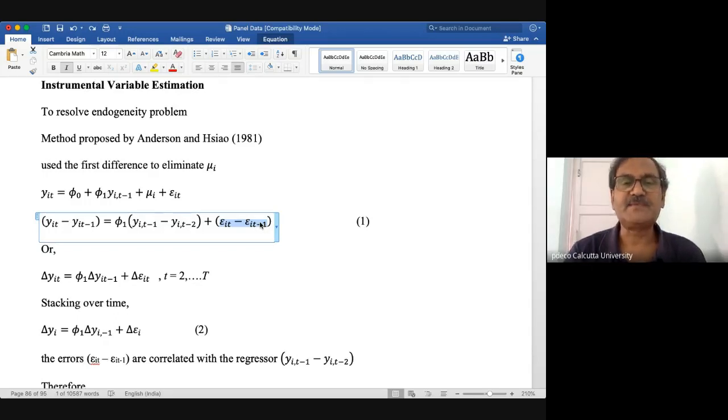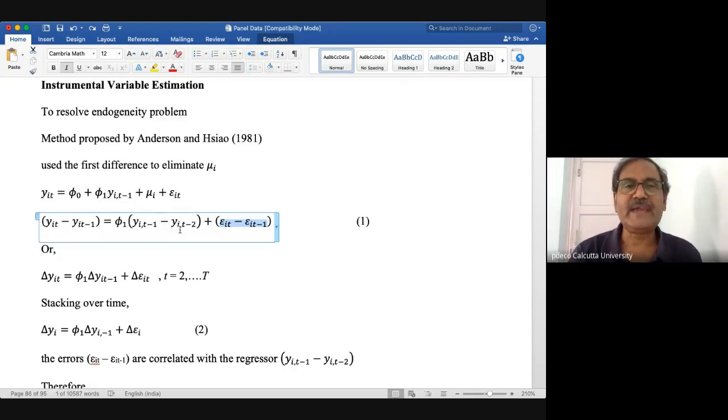To resolve this problem, we use instrumental variable. And perhaps you know what instrumental variable is. We can define instrumental variable as those variables which are not correlated with the error term, but they are related with the regressors we have.